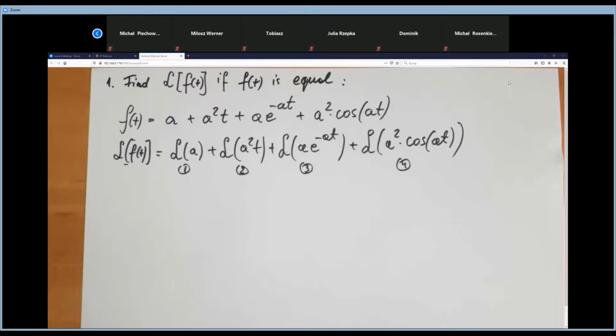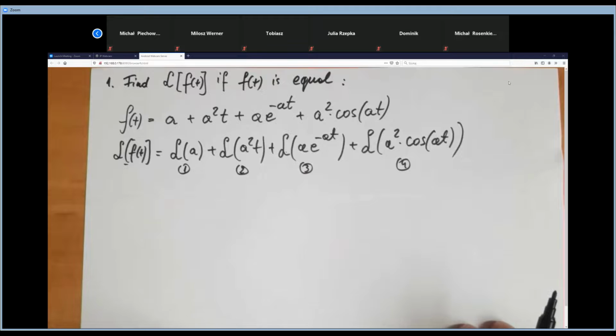Of course, you have to know the typical Laplace transformation functions. If you make some practice, in fact, you remember them. However, on the tests, you can have this table with you. So as you see, you can use it also on the tests. Okay, that's the first thing.